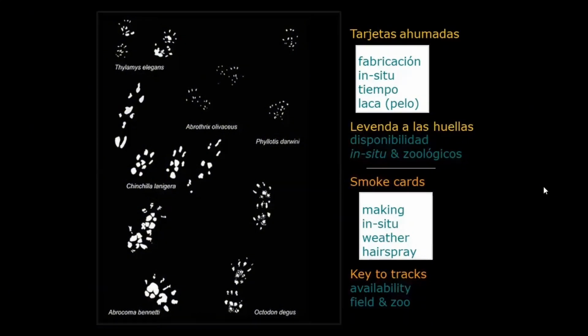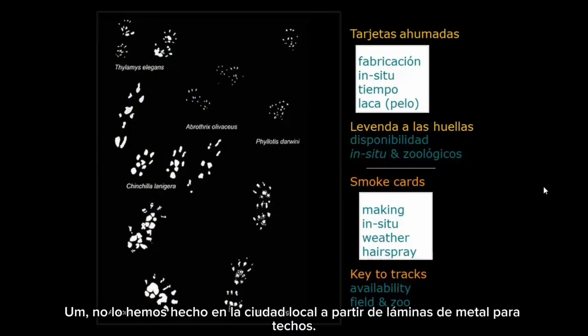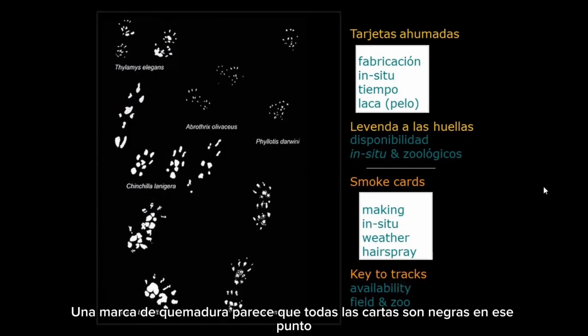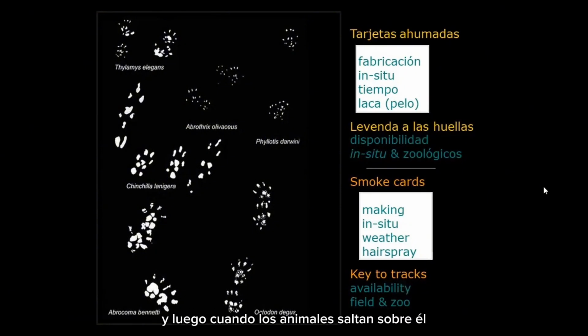We had them made in the local town from sheets of metal zinc roofing, cut into squares, and then had the welder put a carbon film on them by heating the metal, which leaves a smoke, a burn mark. It looks like the entire card's black at that point. Then when the animals hop over it, the black is lifted onto their feet and it leaves a footprint.